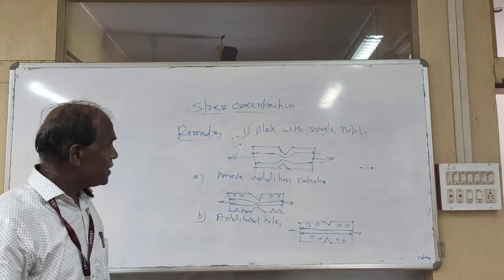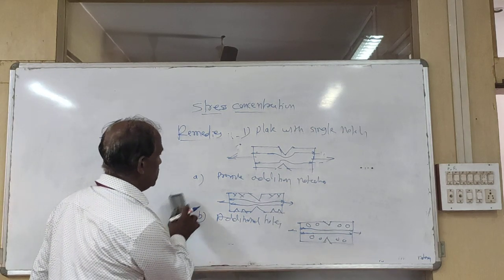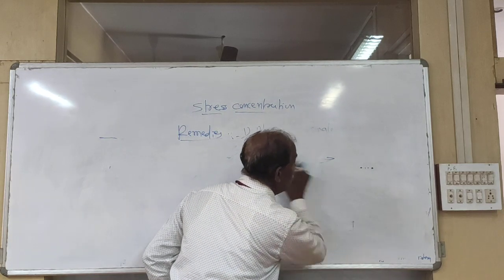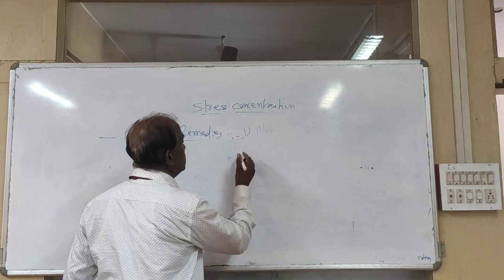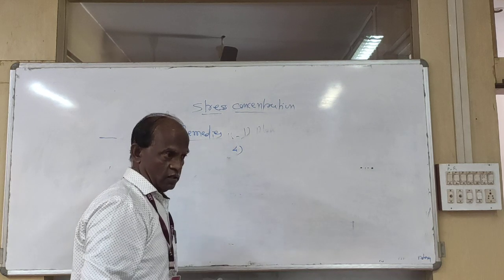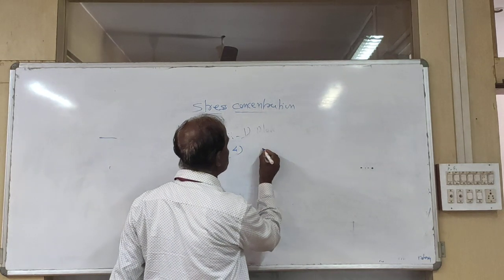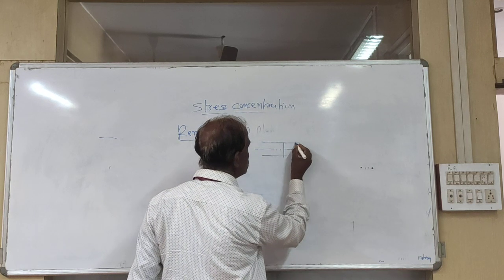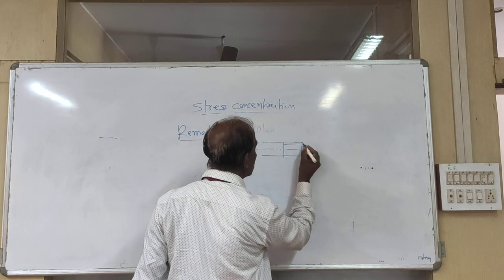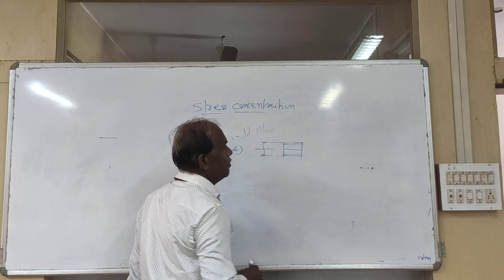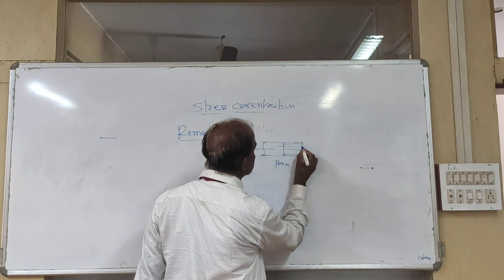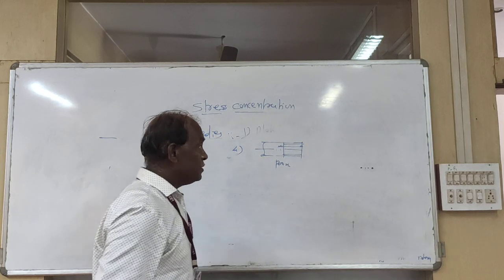Sometimes what you do, for threaded parts, you can do like this. Suppose this is a threaded part, and these are threadings I show conventionally. So this is very poor; stress lines are like this. So what do you do?